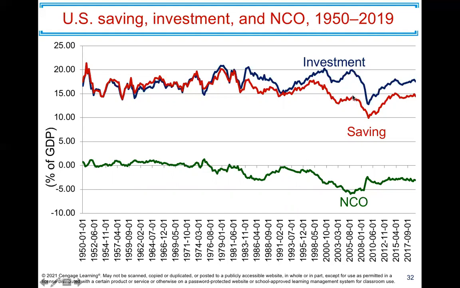And once we raise that money, that's going to be this part, right? That's the money that we raised. We can now put that into our investment. So that means that we have some money that we saved, but then we also raised some financing from selling American bonds or stocks. And that's why this NCO is negative, because there was a negative net capital outflow, meaning that we sold assets.